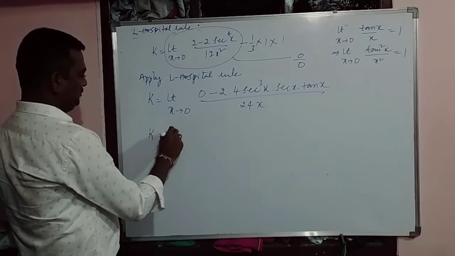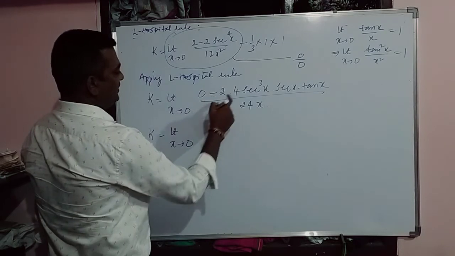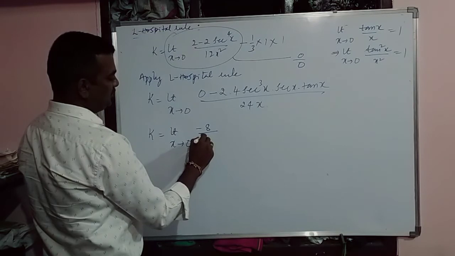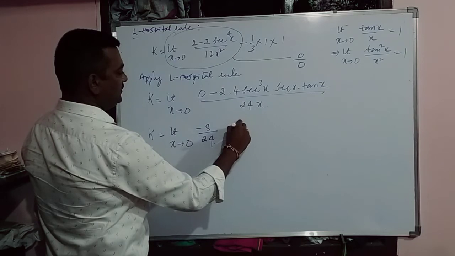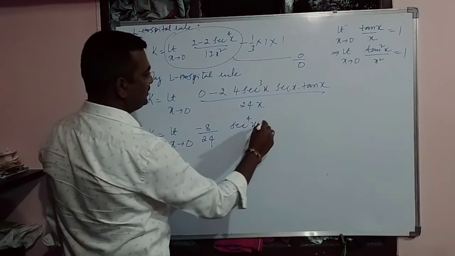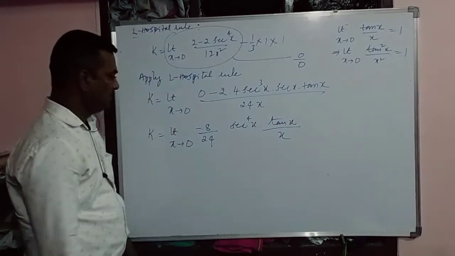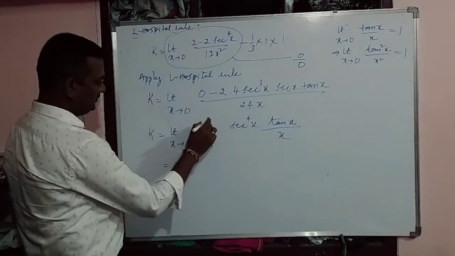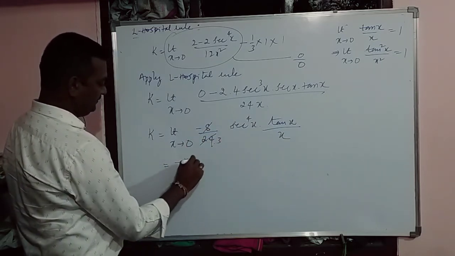So k is equal to the limit as x tends to 0 of minus 8 divided by 24, secant cube into secant x is secant raised to 4x, into tan x by x. Again the limit of a product. Minus 8 by 24, 8 ones are 8, 3 eights are 24, which is minus 1 by 3.